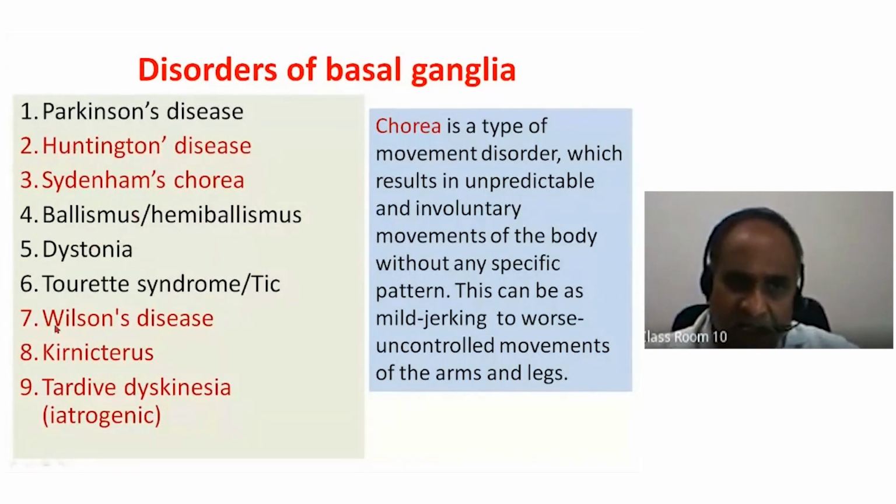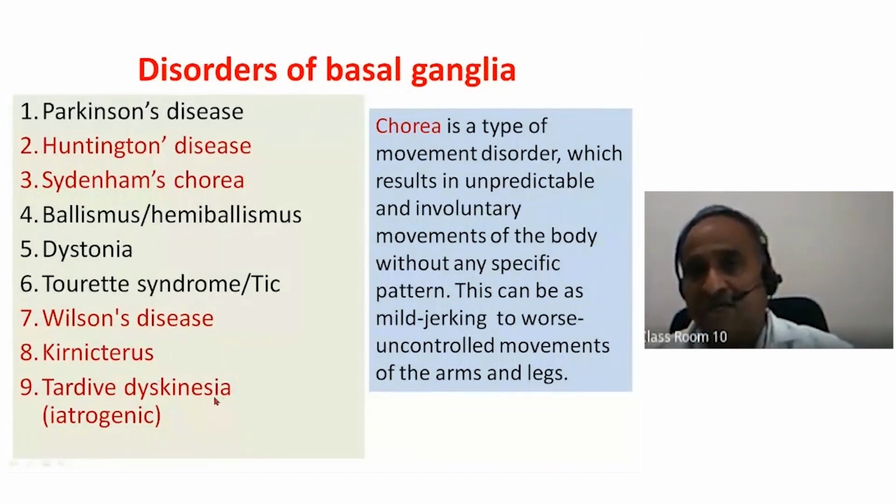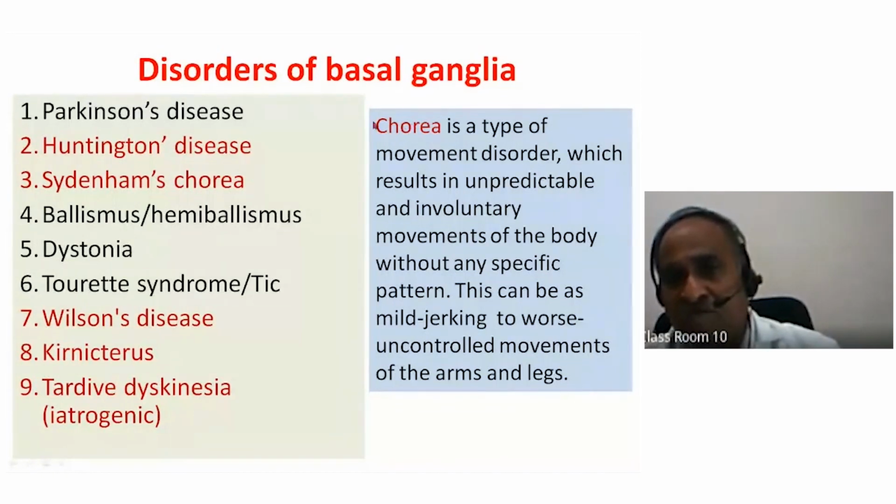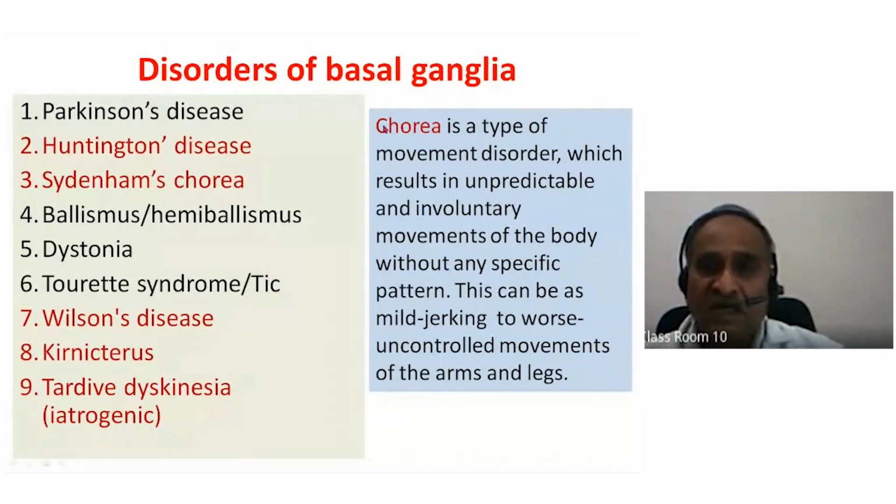The ones I have marked in red, Huntington disease, Sydenham's chorea, Wilson's disease, kernicterus, and tardive dyskinesias, they all have one common feature. They have a chorea, that is a hyperkinetic movement in their presentation.